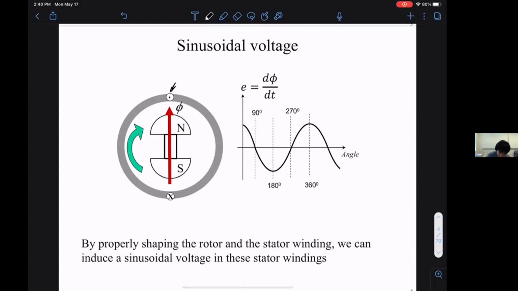So these are the windings, the wires on the stator, and if you look at the voltage across these wires, you see this AC voltage. Okay, so this is how generators work. As you turn it, you get AC voltage.